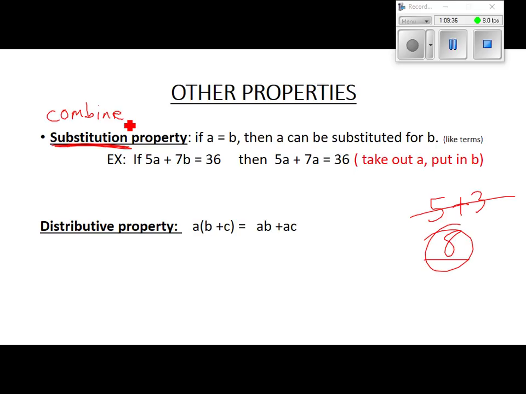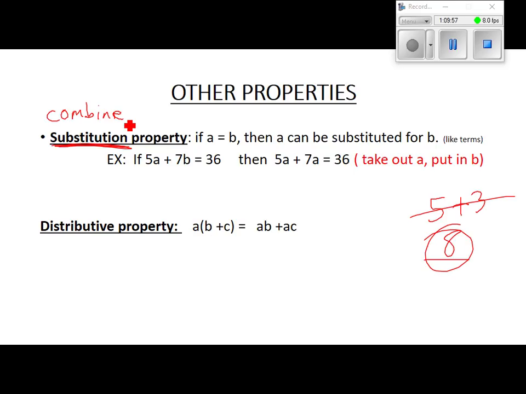Anytime you're just adding or subtracting, you're using substitution property. If I ask you what's 5 times 4, and you tell me 20, we took out the 5 times 4 and replaced it with 20.